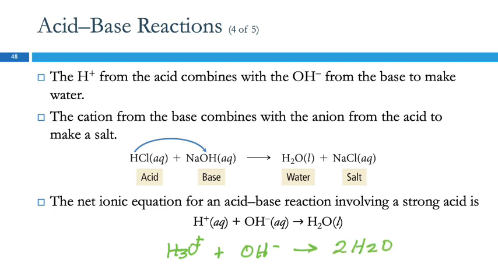Where did this hydrogen ion come from? Well, ultimately it came from a water molecule. And so the hydronium ion gives its extra proton to hydroxide, which is missing a proton, and then we have 2 water molecules. Any questions?